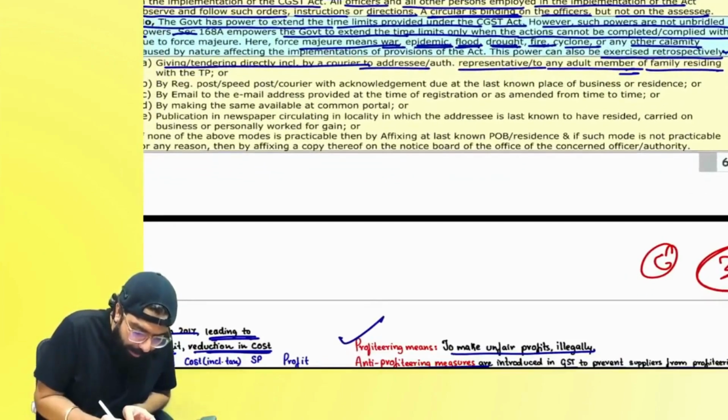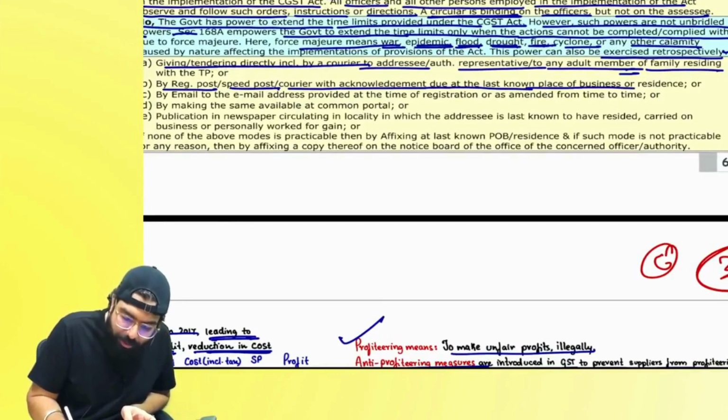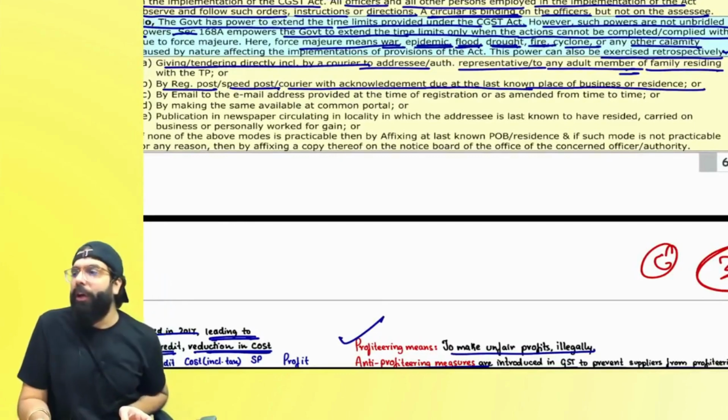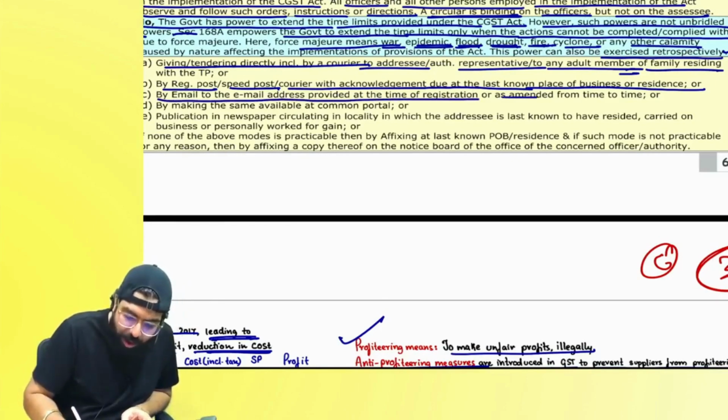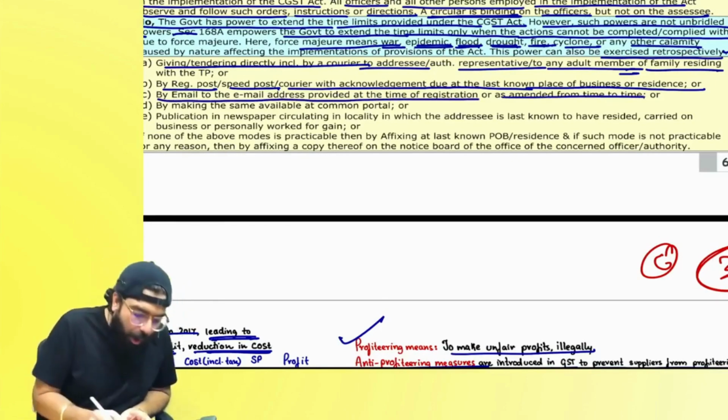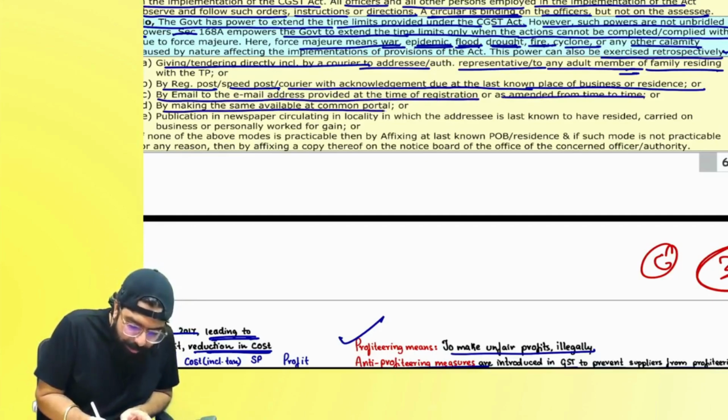If a courier came to your home and a kid took it, tore it and threw it away, that is why they say it should be given to an adult member. Then they can send it by registered post, speed post, or courier with acknowledgement due at the last known place of business or residence, or by email to the email address provided at the time of registration or as amended from time to time, or by making it available on the common portal.